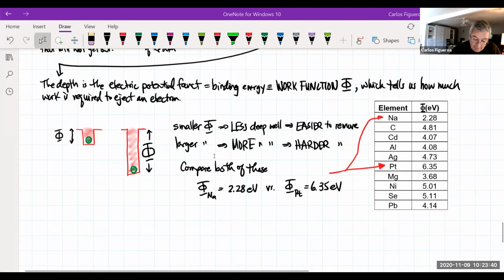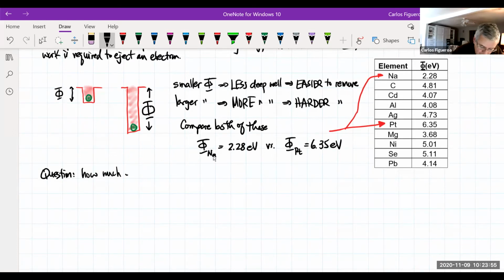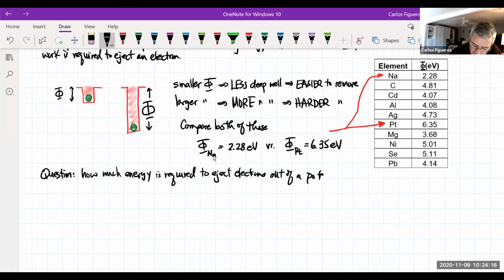So here's Einstein's question now. Einstein asked the question, how much energy is required to eject electrons out of a potential well?